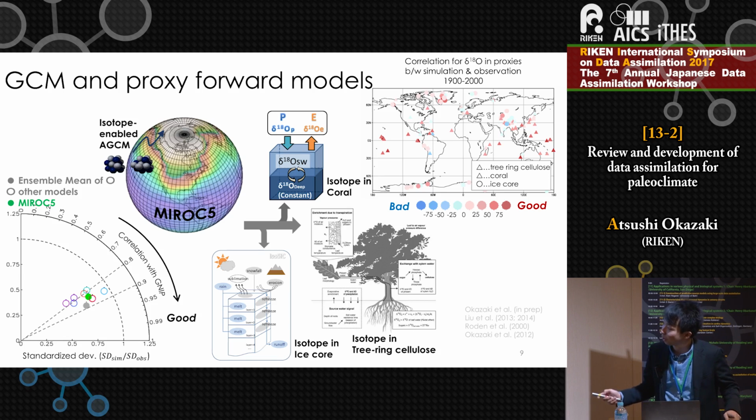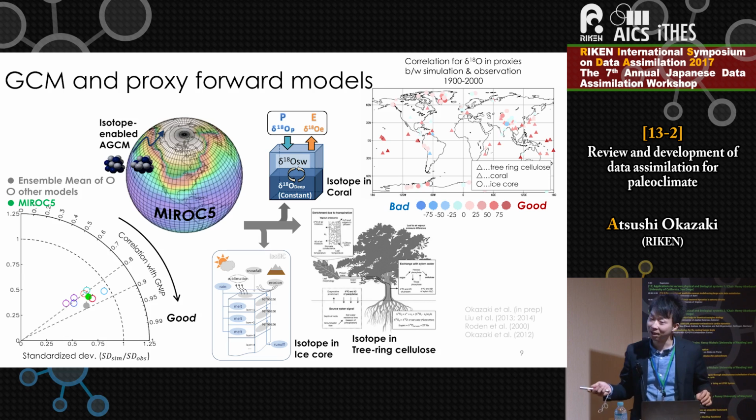The angle shows the correlation with observation, and the radius shows the standardized deviation, which is the ratio of standard deviation. The closer to this point, the better the model does. So the skill of MIROC5 is plotted here.